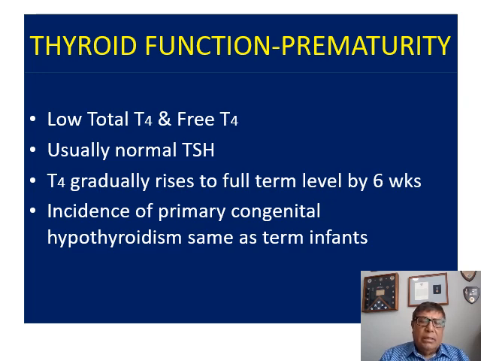However, TSH level is usually normal. T4 gradually rises to the full term level by about 6 weeks. The incidence of primary congenital hypothyroidism is actually the same as in term babies.